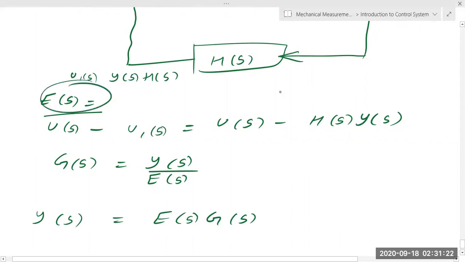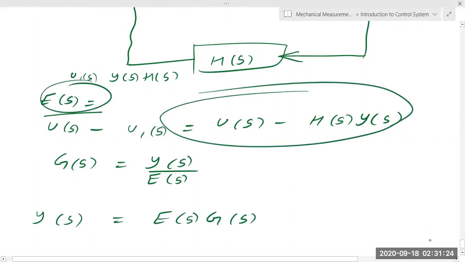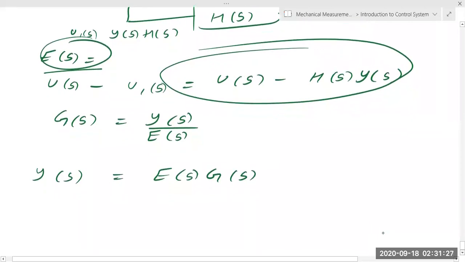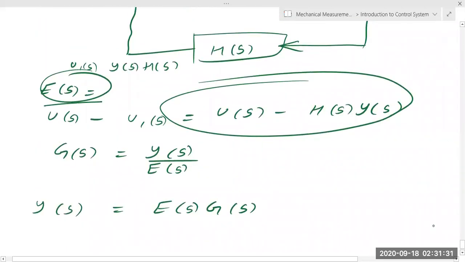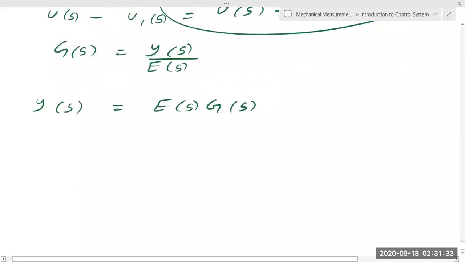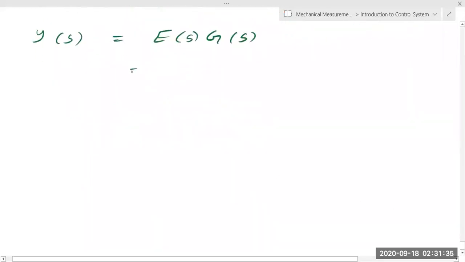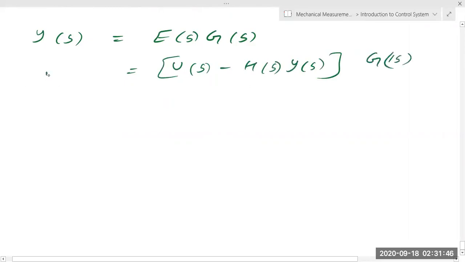We have simplified e of s as u minus h into y, correct? So e of s is equal to u of s minus h of s into y of s. Then e of s into g of s will give me y of s.